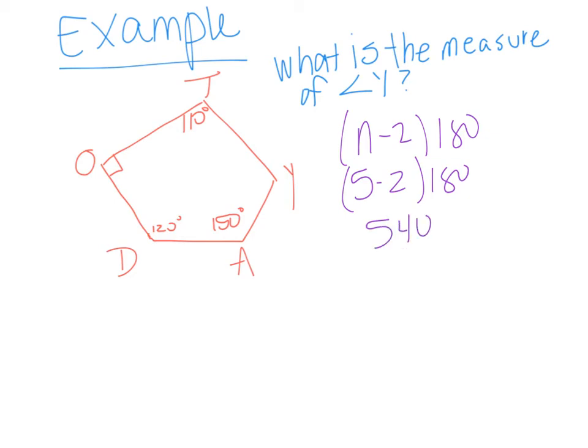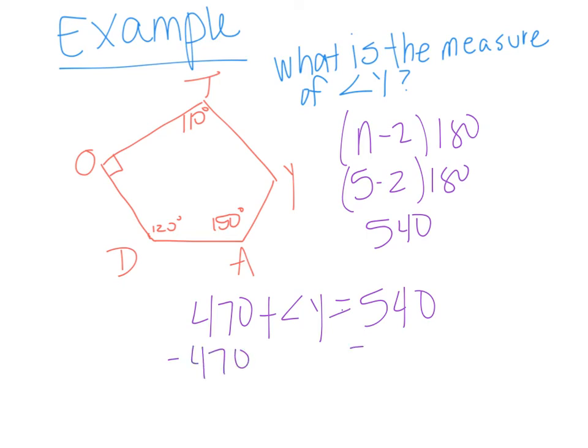And so if we add up 110, 90, 120, and 150, that is actually going to be 470. So 470 plus angle y is equal to 540. Subtract 470 from both sides, and we get angle y, which is 70 degrees.